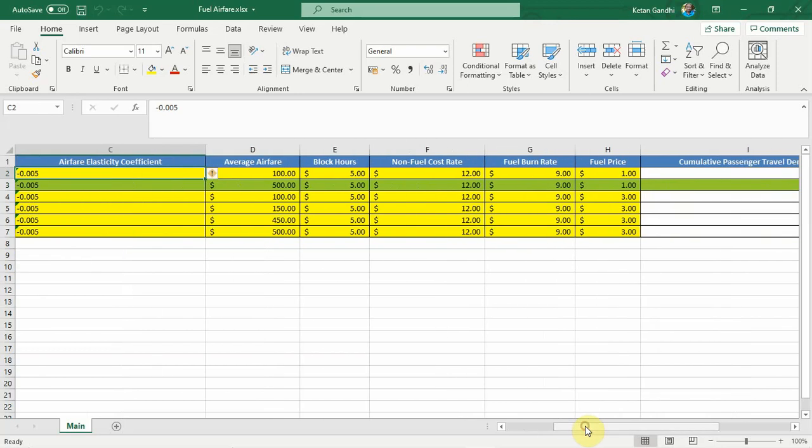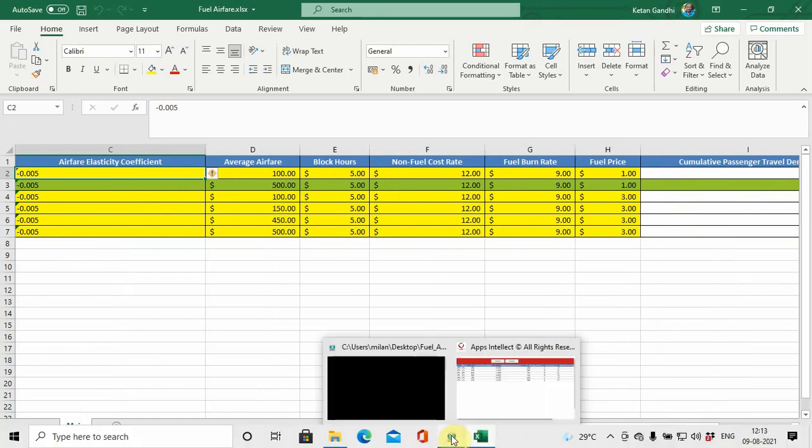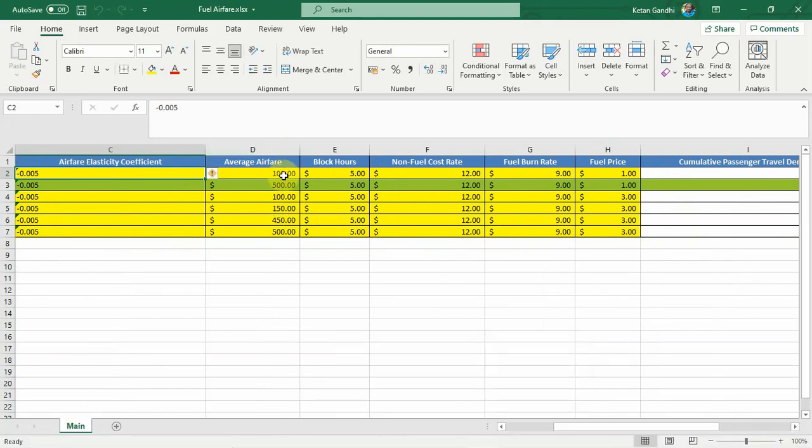And the average airfare is here. The average fare for this particular route is $100. We have taken $100, 150, up to $450, $500.